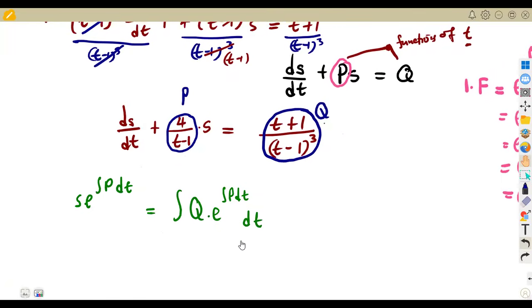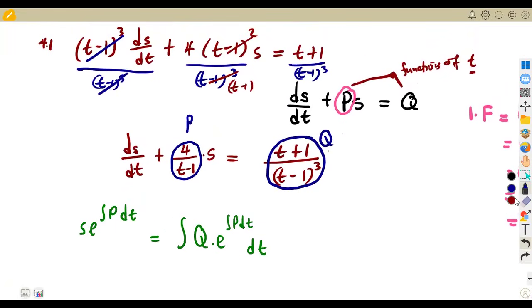So we are now substituting into the formula. In this case, our formula states that it's going to be s, which if it was dy dx, it was going to be y. But this one, it is the s dt. That's why we are using s here. So if it was dy dx, we were supposed to use y here, okay? So for s, there's nothing to substitute.